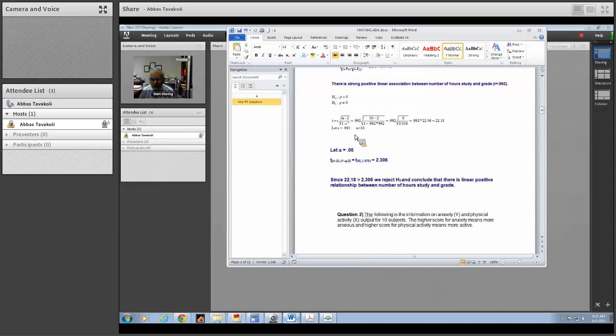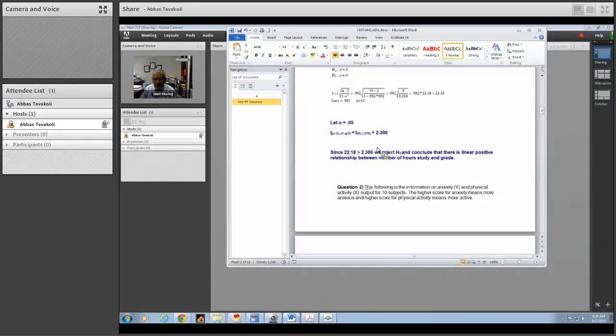Again, using the formula, we know our hypothesis is rho equals 0 versus rho is not 0. It's a two-sided test. The T statistic is R times the square root of n minus 2 over 1 minus r squared, which is 0.992 times the square root of 10 minus 2, over 1 minus 0.992 times 0.992, and you get 22.18. You have to find the t-value from the table, which is 2.306.